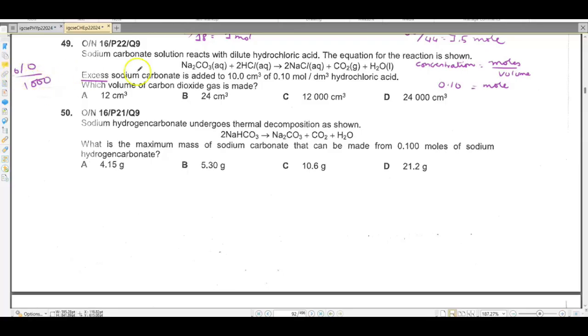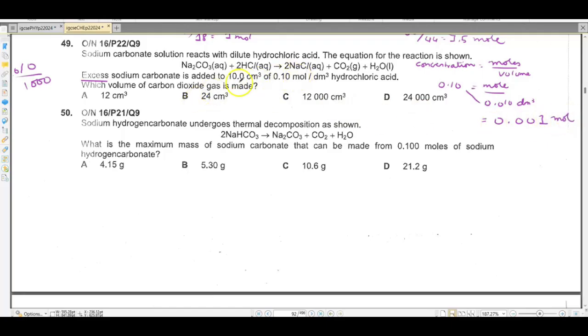So this is going to become 0.010 decimeter cubes. Multiplying 0.10 mole per decimeter cube with 0.010 decimeter cubes, we will have the moles of hydrochloric acid to be 0.001. We have these moles with us.